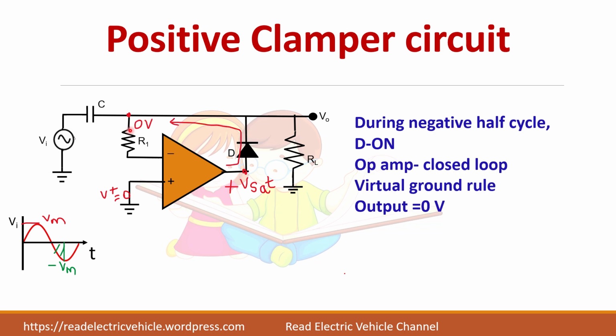The op-amp will be in closed loop mode. So if the op-amp enters into closed loop mode, this potential is 0. We can apply the virtual ground rule. If this is 0, this potential should be 0. So if here it is 0, the output voltage is also 0. So during this period, the voltage is 0.